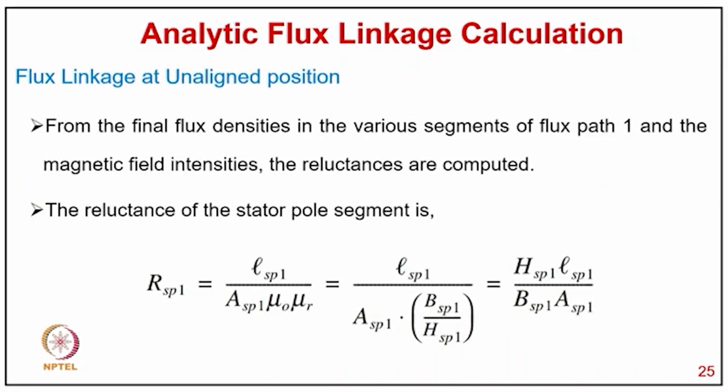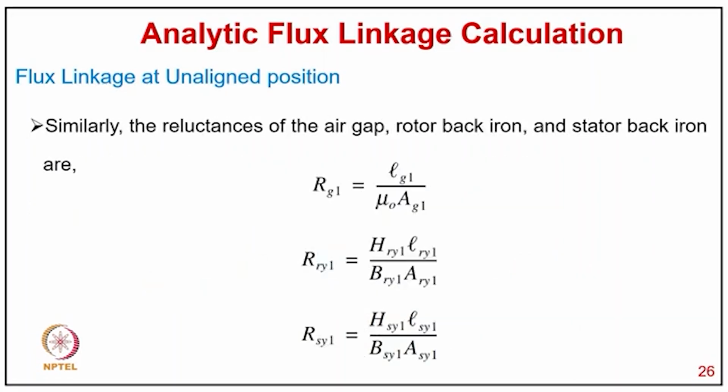So now from the flux density in the various segments of flux path 1 and the magnetic field intensity, the reluctances are computed. The reluctance of the stator pole segment is Rsp1 equal to Lsp1 divided by Asp1 mu 0 mu r, equal to Lsp1 divided by Asp1 times (Bsp1 divided by Hsp1), equal to Hsp1 Lsp1 divided by Bsp1 Asp1.